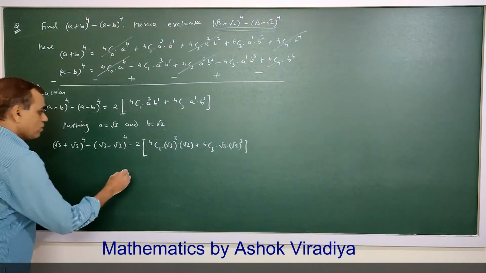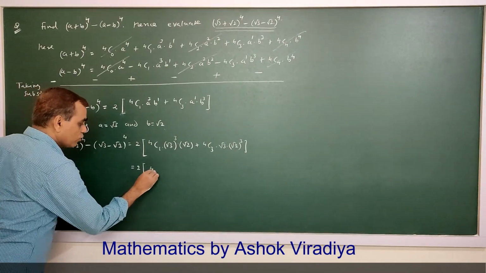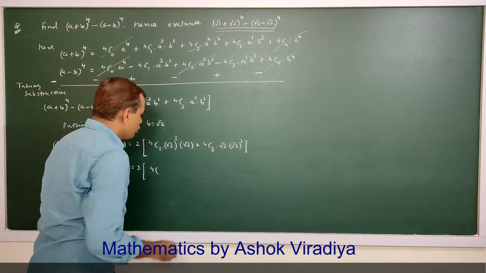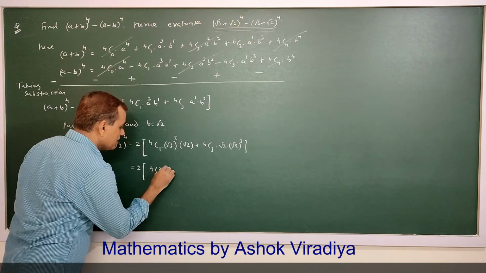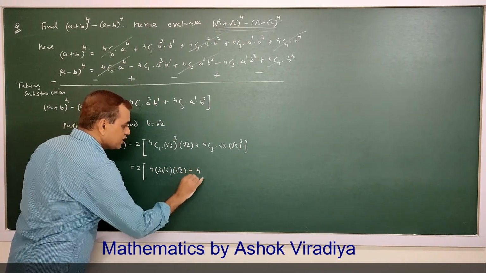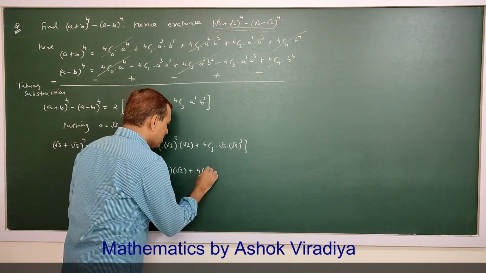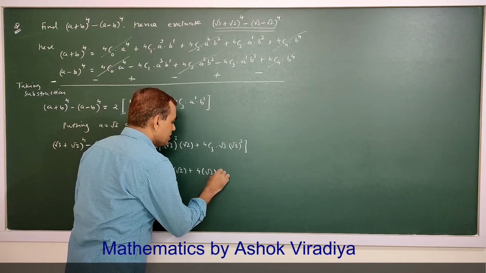So this is equal to 2 into 4c1, which is 4, 4 into root 3 cube is 3 root 3, into root 2, plus 4c3 is 4c1, that is 4 into root 3 into root 2 cubed, which is 2 root 2.